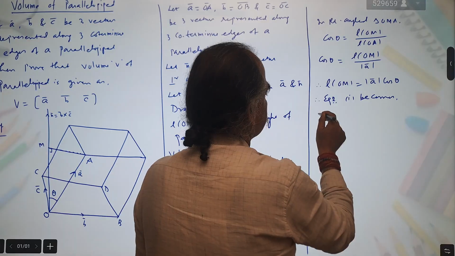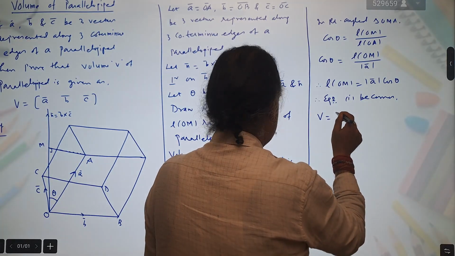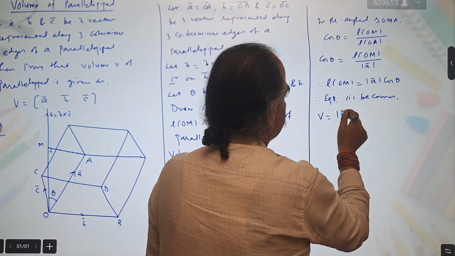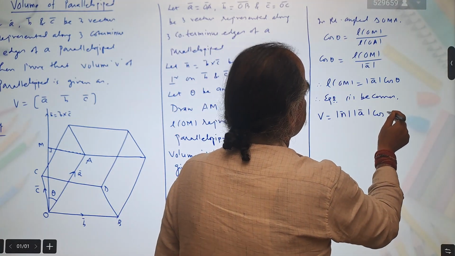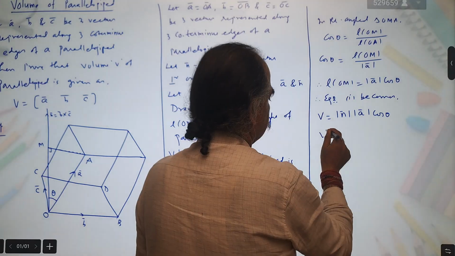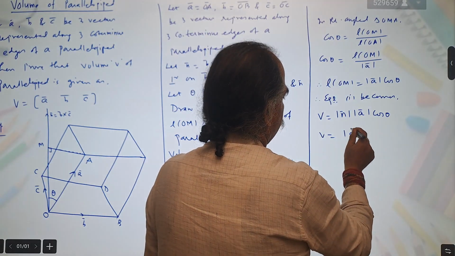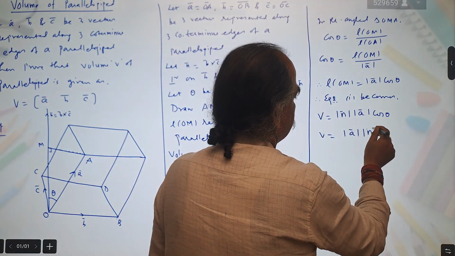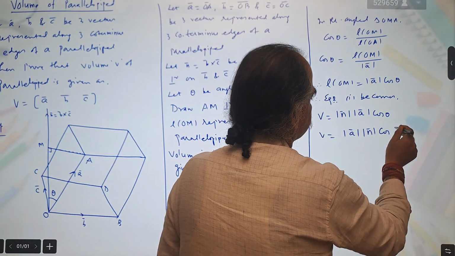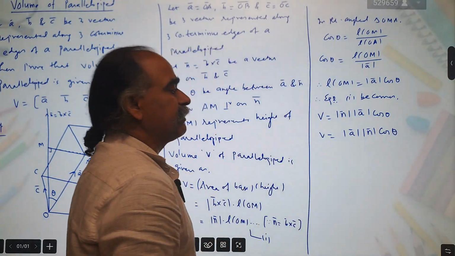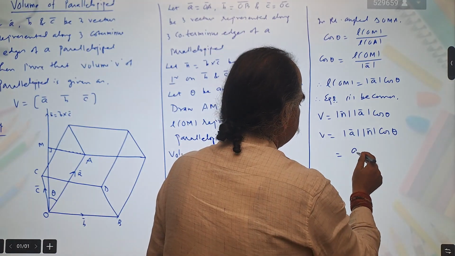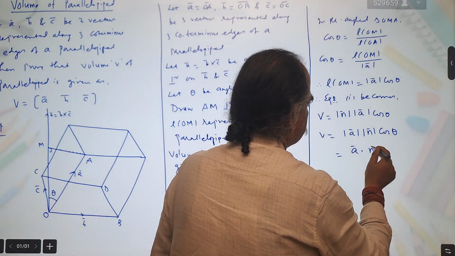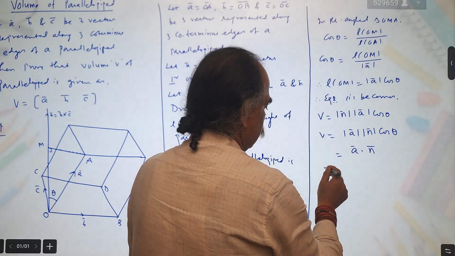So equation 1 becomes V is equal to mod N bar into mod A bar cos theta, which is mod A bar, mod N bar cos of the angle between A bar and N bar, which is nothing but A bar dot N bar.